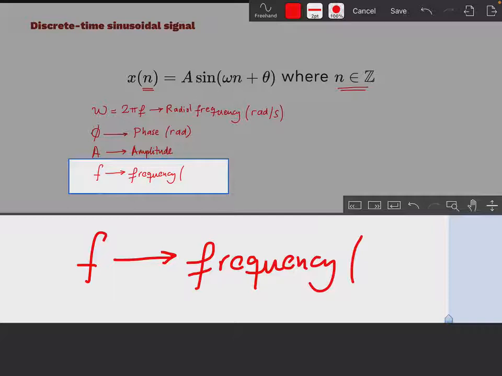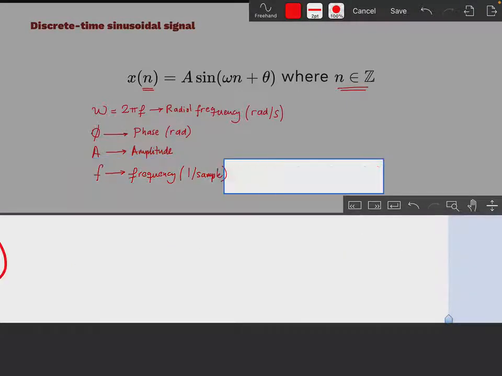Now, I need to make it absolutely clear that this is different than our original definition of frequency, which was number of oscillations per second. Now we're talking about number of oscillations per sample. So let me just write the unit, 1 over sample. So this is the definition for frequency in discrete time.